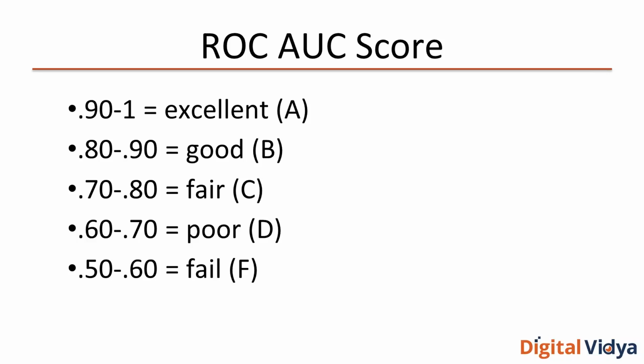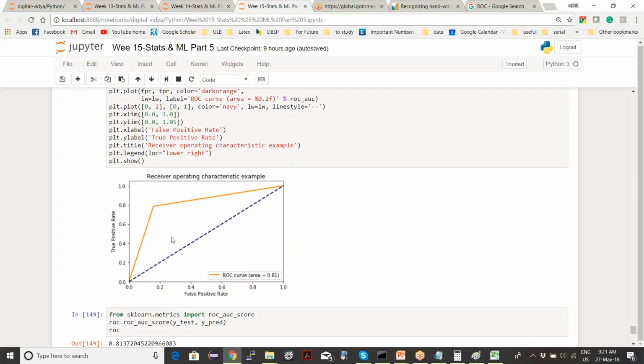Generally, if it is less than 0.5, what people do is reverse the prediction: they do 1 minus prediction, so whatever the model predicts, you do the opposite. So you never get less than 0.5, because 0.5 is random prediction.